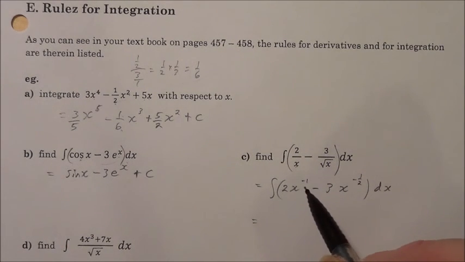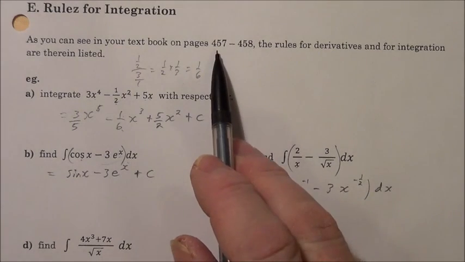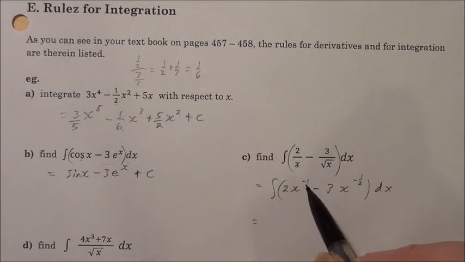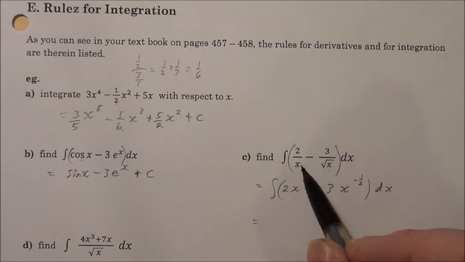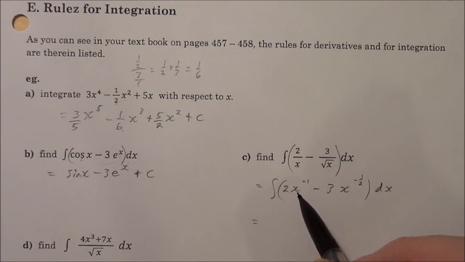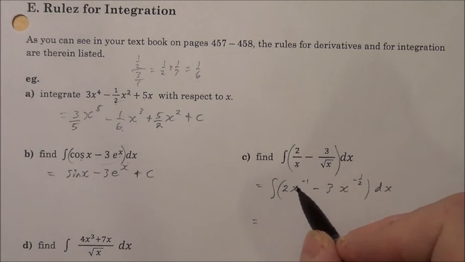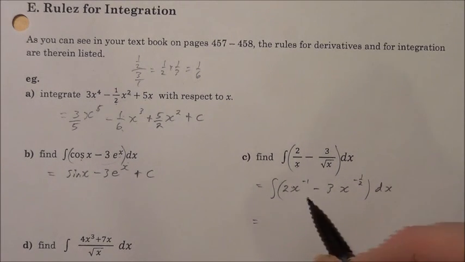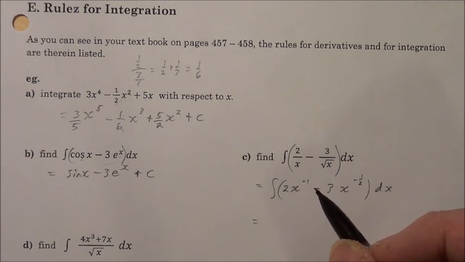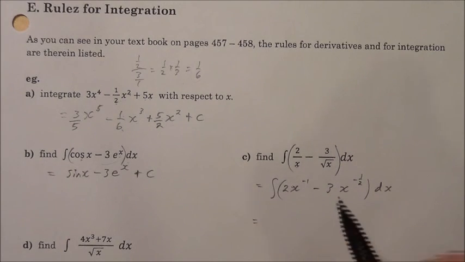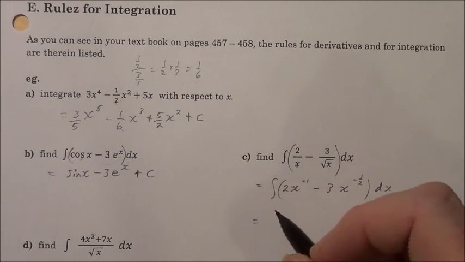Okay, so when you look back at pages 457, 458, you will see that the integral of 1 over x is the ln of x, the natural logarithm of x. In the textbook it shows you two cases, when x is positive and when x is negative. As it turns out, they both end up being the same thing.